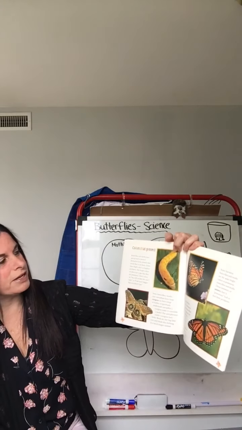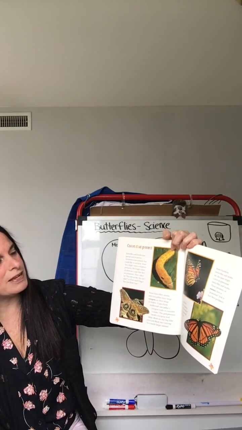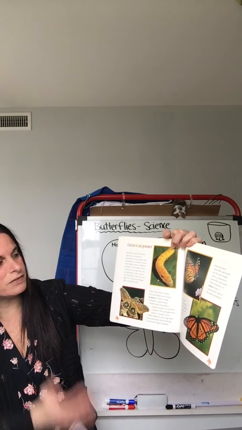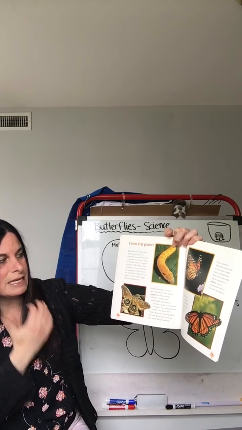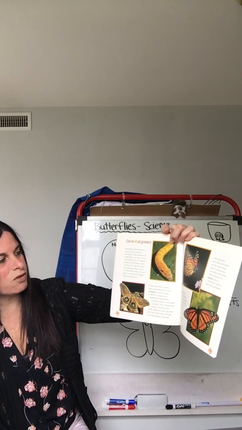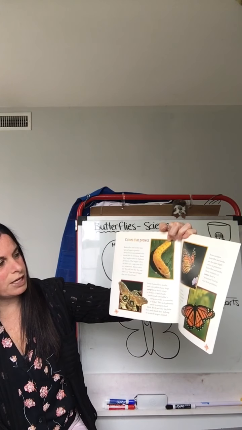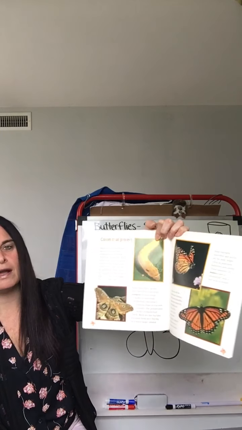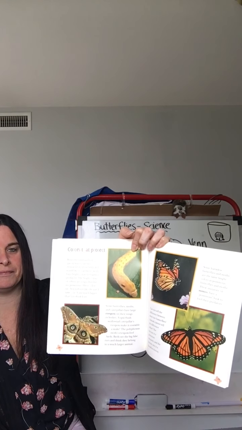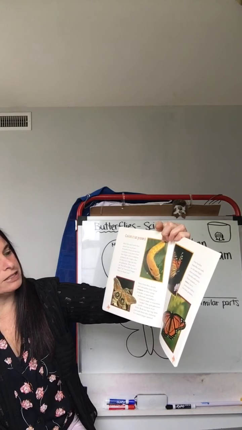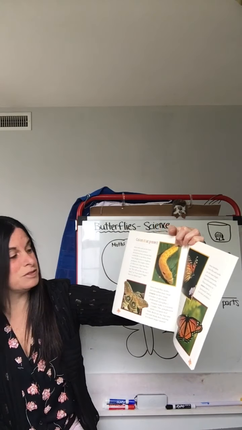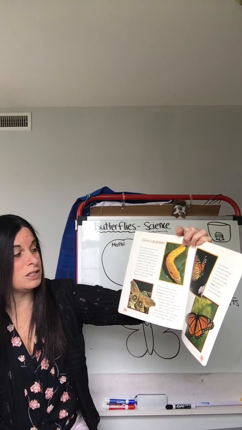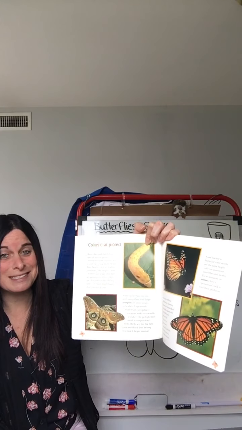Now also here it says that butterflies and moths have special ways to protect themselves from animals that would like to eat them. Some have bright colors to frighten the predators. The bright colors are a sign that they are poisonous. Their colors kind of say to the predator, you will not like the way I taste, right?